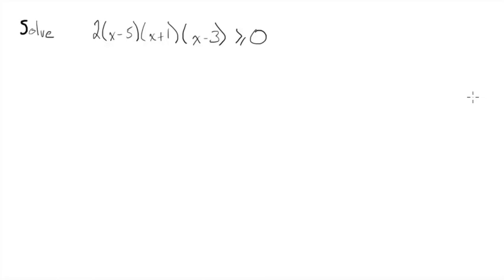Just like in the quadratic, there's two ways we can do this, by doing the graph or by doing the chart. Doesn't matter which way you're doing it, the first thing you need to do is figure out when this would actually be equal to 0. So let's say we had the polynomial equation 2(x minus 5)(x plus 1)(x minus 3).